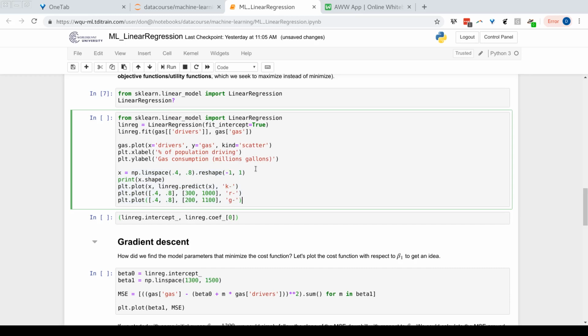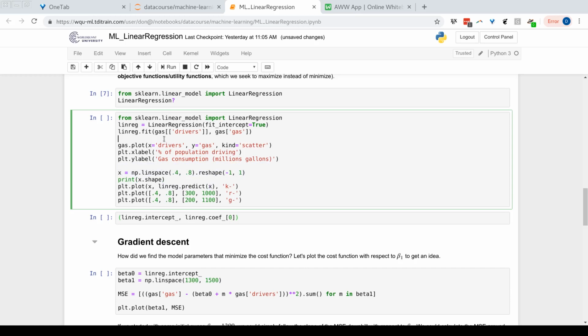We're going to use the linspace function to generate a linear space from 0.4 to 0.8. Remember, we're going to reshape it. Scikit-learn wants the feature matrix to be two dimensional, with rows and columns. So we're going to make sure we reshape the data, and we're going to pass this created matrix into the predict method of our trained model.